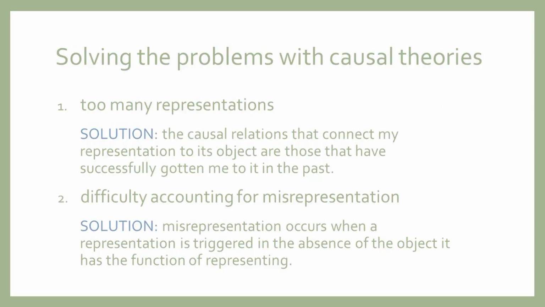And here the problem was to try to figure out whether I'm representing the brain mistakenly as the football or representing the football mistakenly as the brain. That is, what is the content of my representation? Its current cause or some other sort of content determining cause. On the consumer theory, when I think that my brain is a football, it's a misrepresentation because my football representation is triggered in the absence of a football.